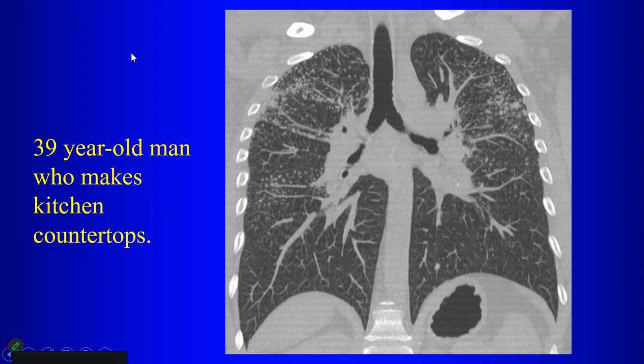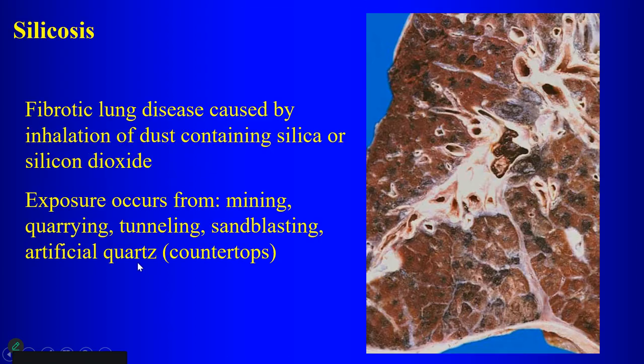So given the distribution of the nodules, I wonder if the history is helpful to you. What do we think is going on in this patient? Silicosis. Yeah, so this is silicosis, and we'll talk about this, the occupation of making kitchen countertops. This is an occupation where we can see these changes in younger individuals than we're used to seeing.